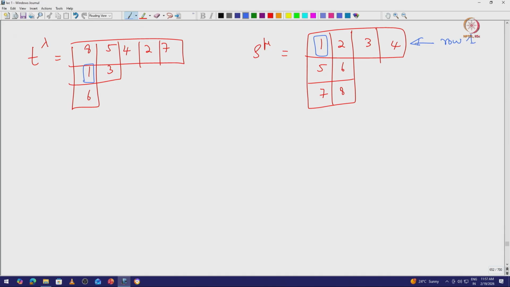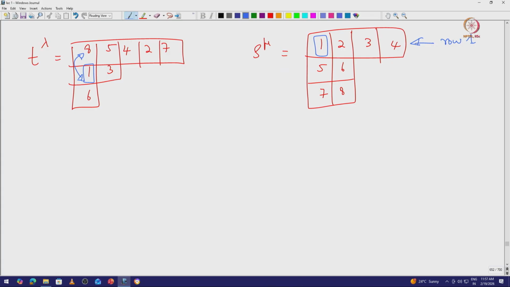The best way to do this is to look at the column where this 1 appears. It appears in the first column, so you just switch that 1 with whatever element appears in the first row of that column.